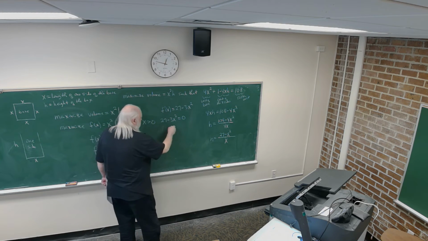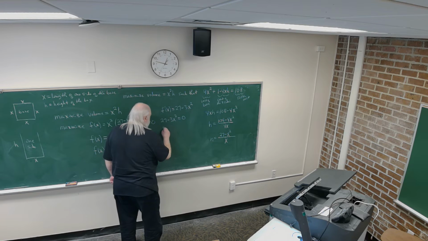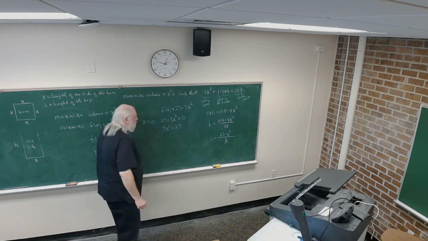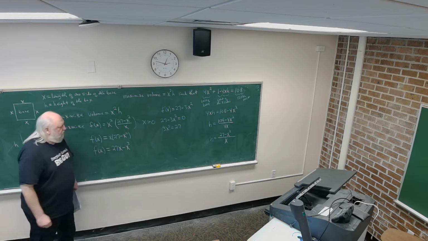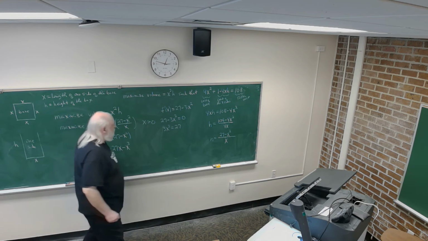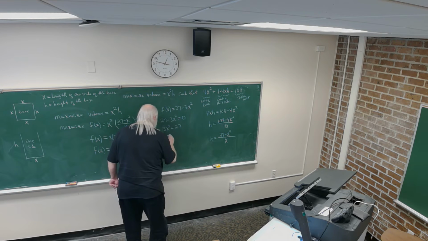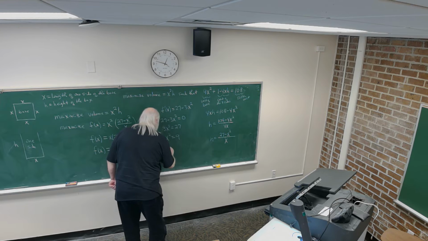We add 3x squared to both sides and switch the two sides, and we get 3x squared is equal to 27. Divide both sides by 3, you get x squared is equal to 9. Take the square root of both sides.